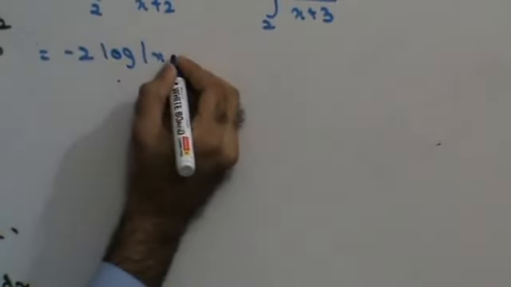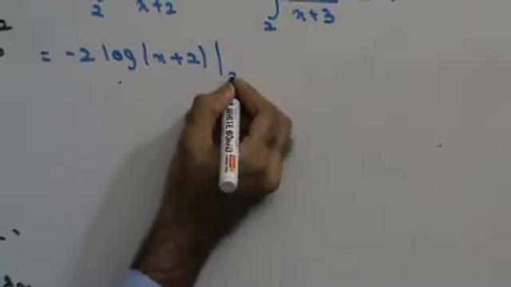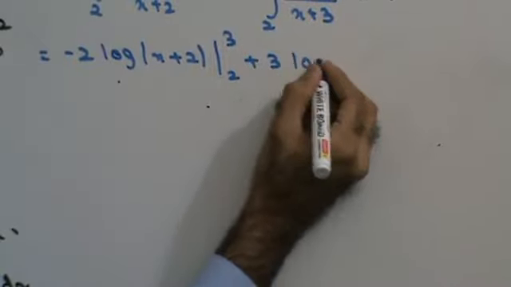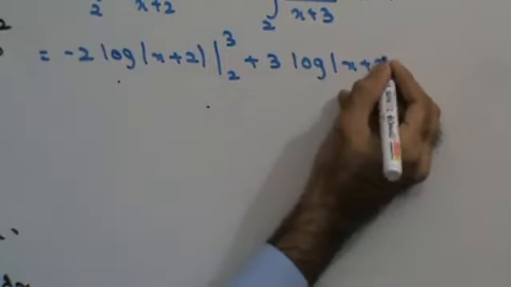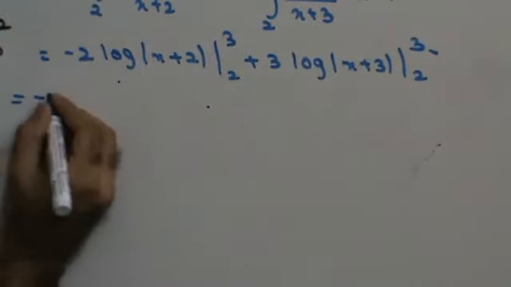Minus 2. 1 upon a log mod ax plus b when the limits are between 2 to 3, plus 3 log mod x plus 3 when the limits are between 2 to 3. This is minus 2.